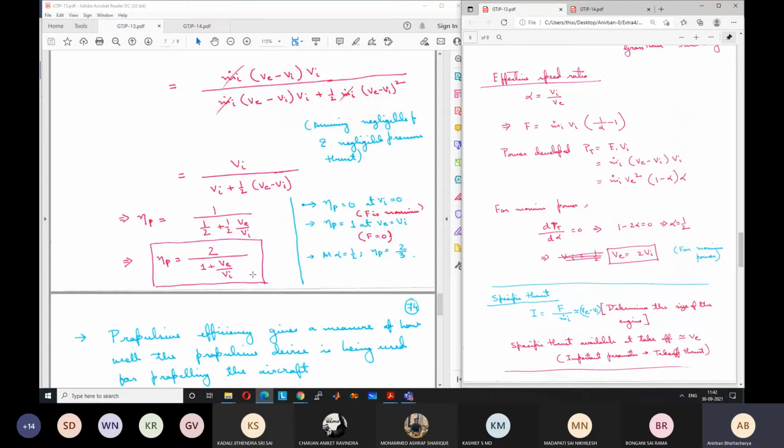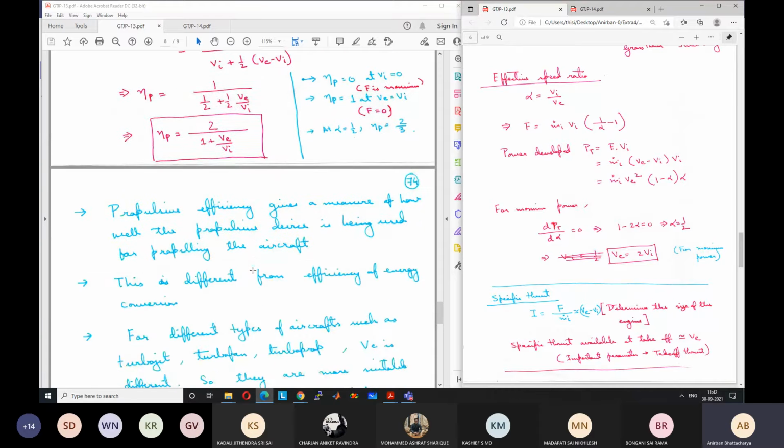Okay, and this is not equal to the efficiency of the engine. The engine is converting the chemical energy of the fuel to mechanical energy, but the entire energy is not being used up for propelling the aircraft forward.